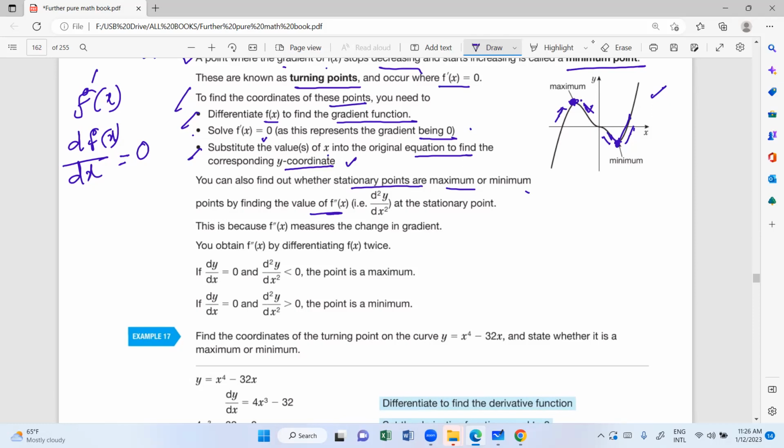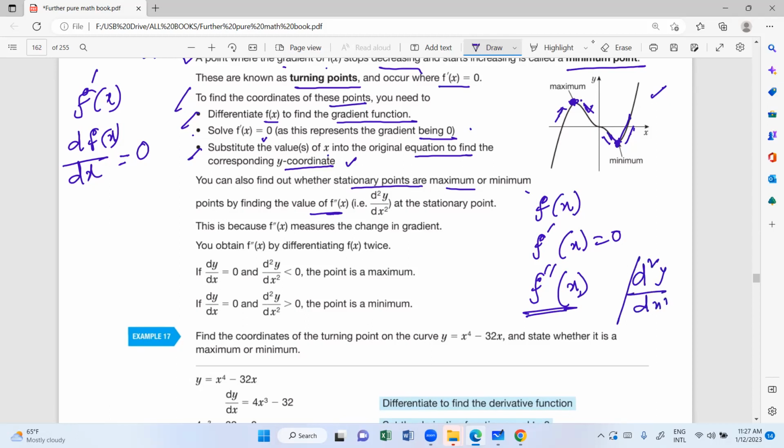We differentiate f(x) two times: the first derivative equals 0, and the second time we differentiate to get f double prime x, which we can also write as d squared y by dx squared, at the stationary point.